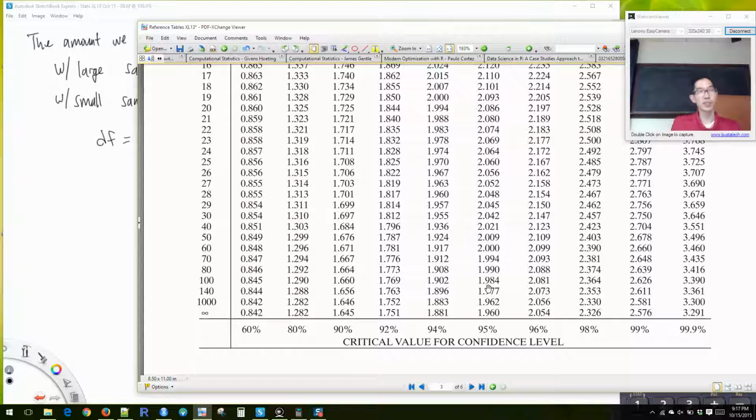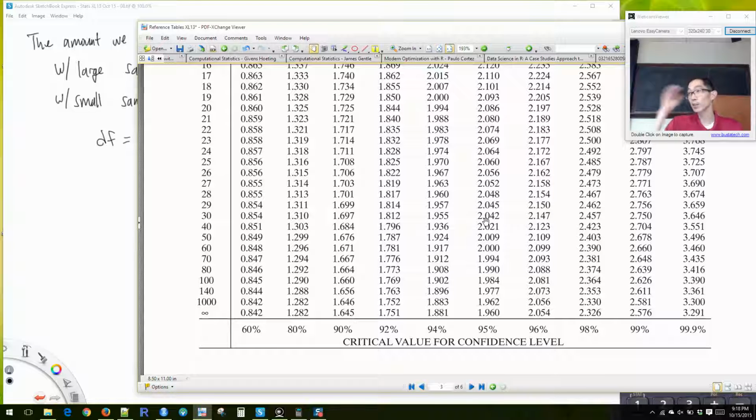Okay? And so just to be on the safe side, there's a recommendation that if you don't find your exact degrees of freedom in the table, always round down. So if you have a sample size of 40, you would have 39 degrees of freedom. And the recommendation is, rather than using the number associated with 40 degrees of freedom, round down just to be safe and use the number associated with 30 degrees of freedom.